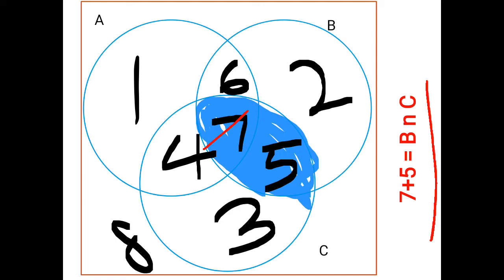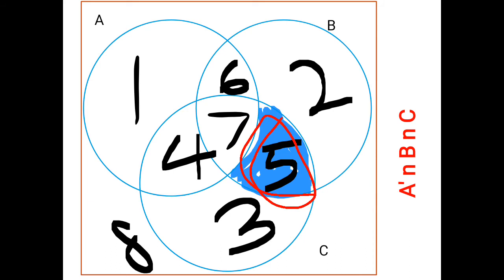Why don't we have "only" attached to it? We don't have "only" attached to it because a part of the full shaded side is found in A, so we don't add "only" to it. But with this, no part is found in A, so we add "only" to it.